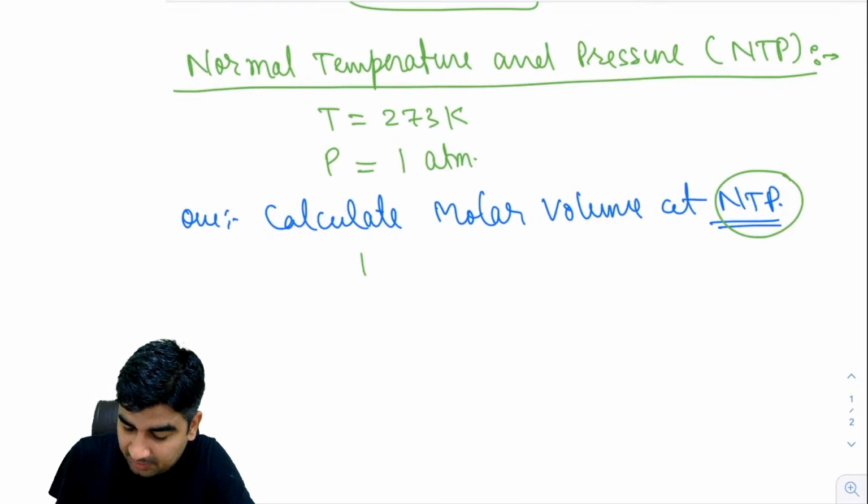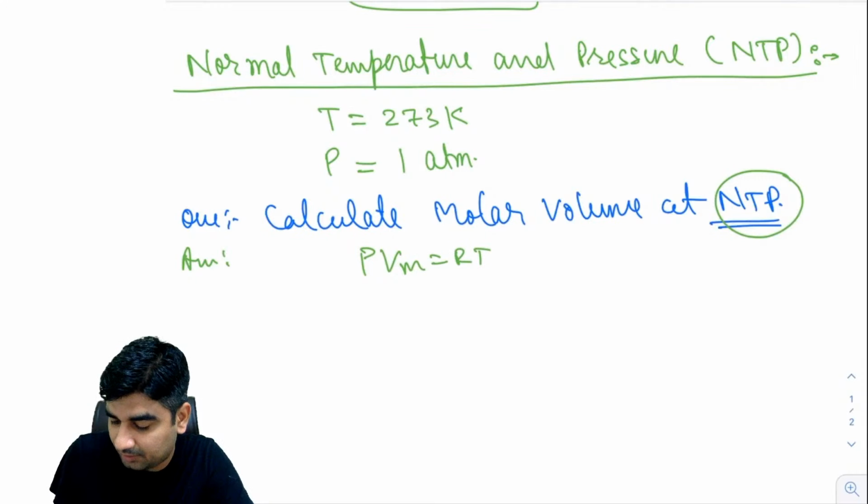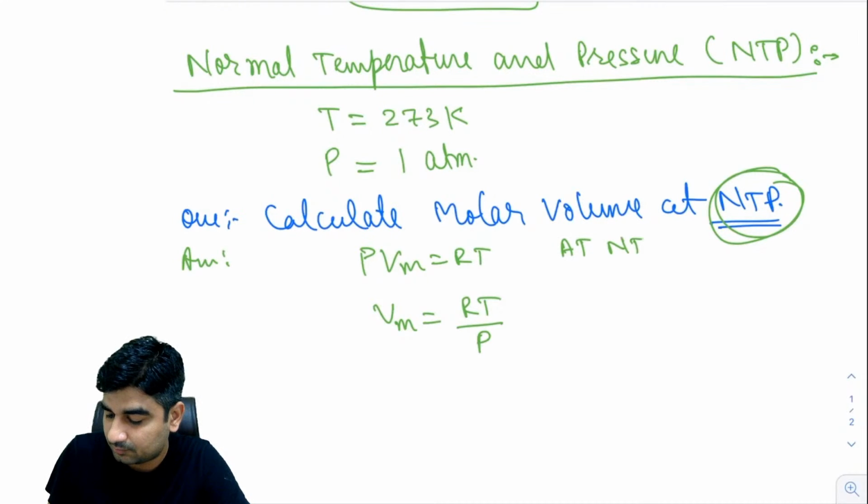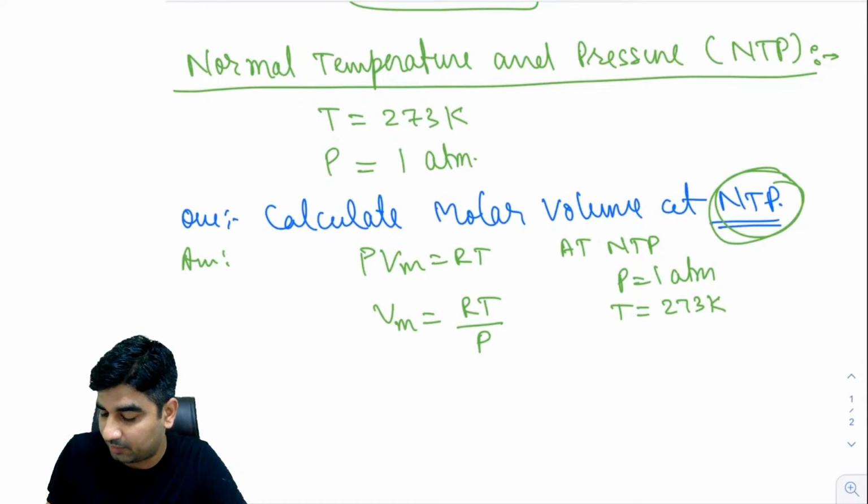So I will simply write PVM is equal to RT. So VM is equal to RT by P. Now it says NTP. So at NTP, pressure will be 1 atm and temperature will be 273 Kelvin.